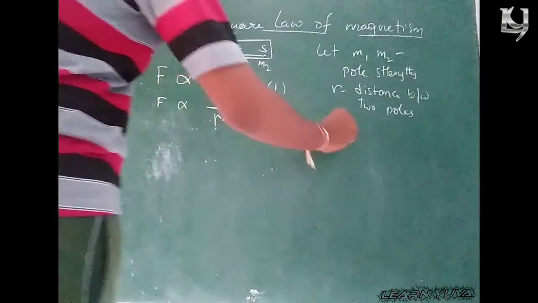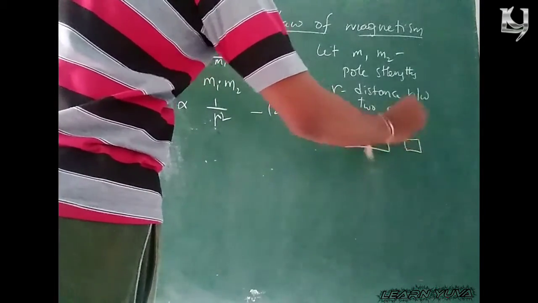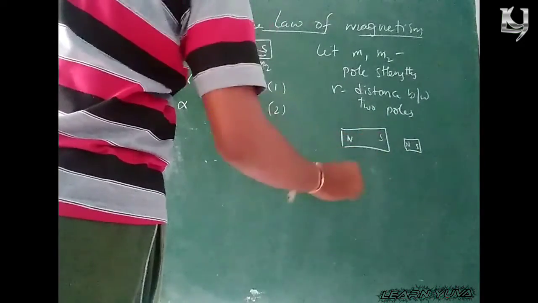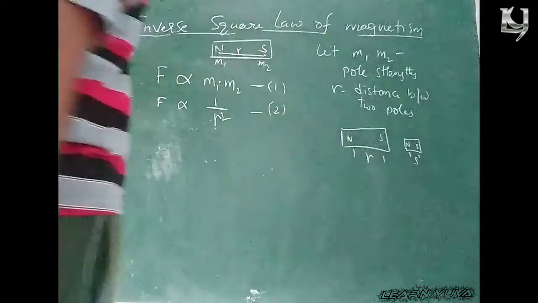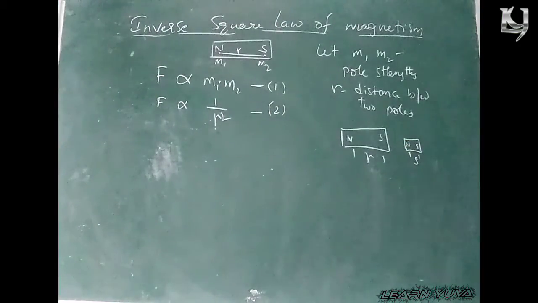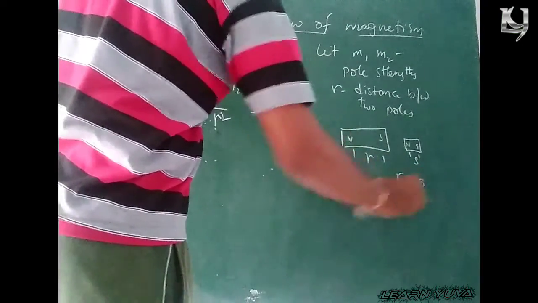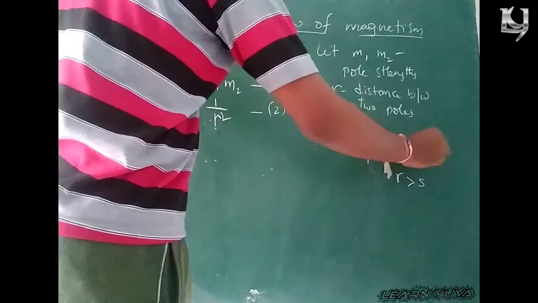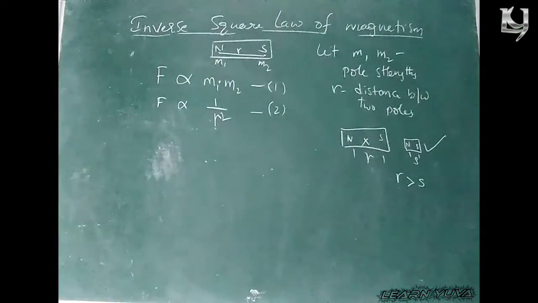Let's compare these two bar magnets. Which distance, R or S, is more between the two poles? Obviously, R is greater than S. So the force of attraction between the poles for this magnet is more than this. Clear?